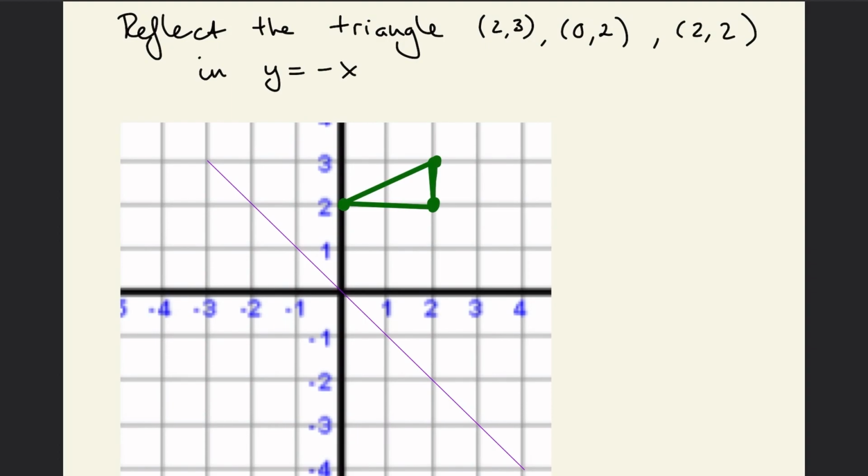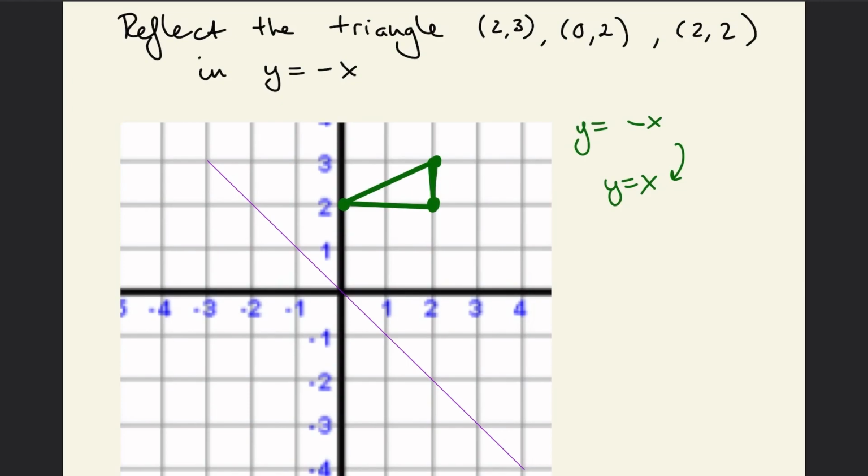Or remember what you observed, because this is derived from common logic. We said that whenever we translate or move a point, reflect it, we're doing so in a direction that's perpendicular to the mirror line. So if our mirror line is y equals negative x, you must think, what is the slope of the line perpendicular to it? And that's just y equals x, right? That's the negative reciprocal.